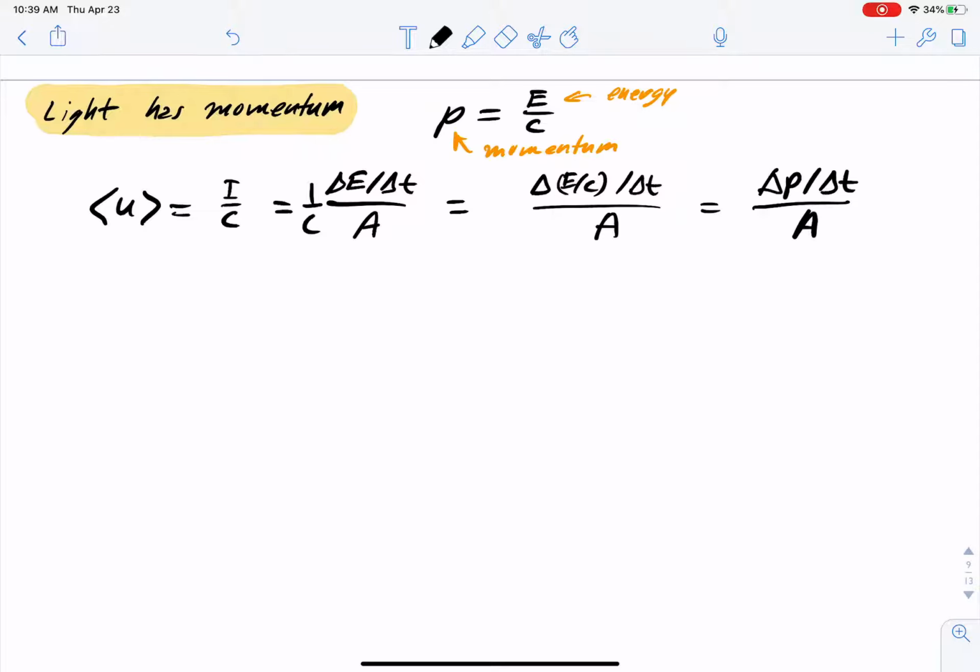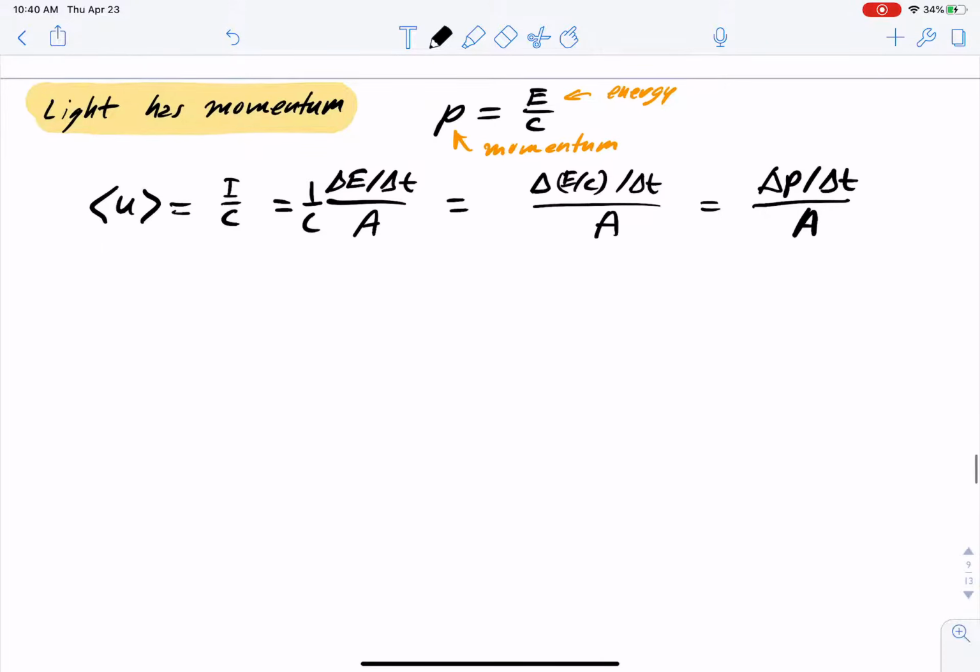Why do we care about that? Let's go back to Newton's second law. That's how we normally write it, but it's not how Newton wrote it. He wrote it like this.